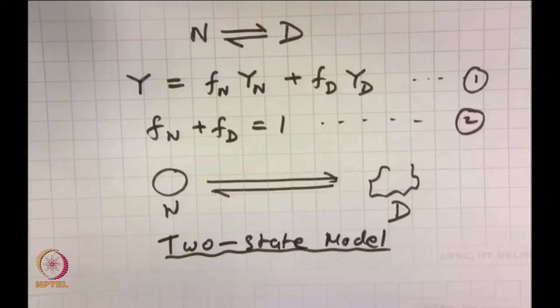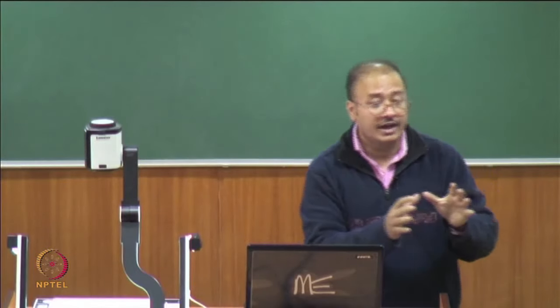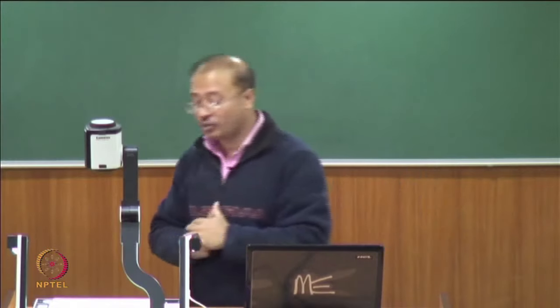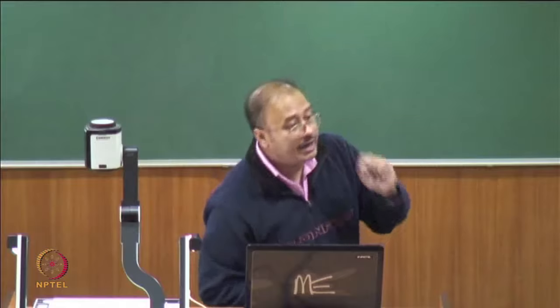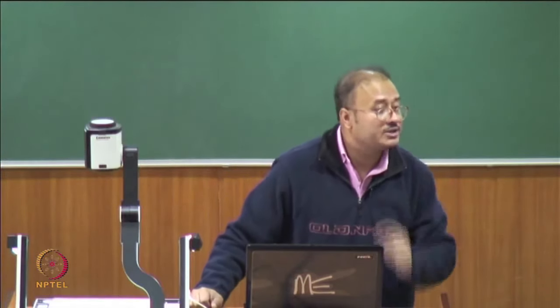Again, please try to understand the relevance of this. By 2 states, I mean that I have a native state and a denatured state, nothing in between. That was number 1. Number 2 is, if you are considering a native state and a denatured state, please do not think that the native state is only one structure or the denatured state is only one structure.